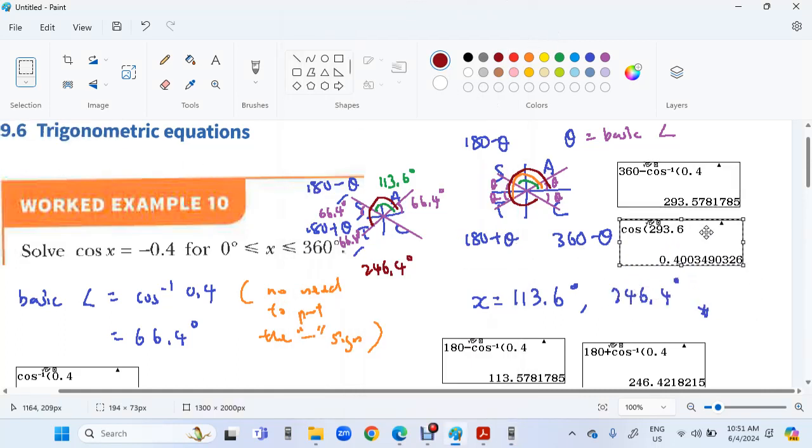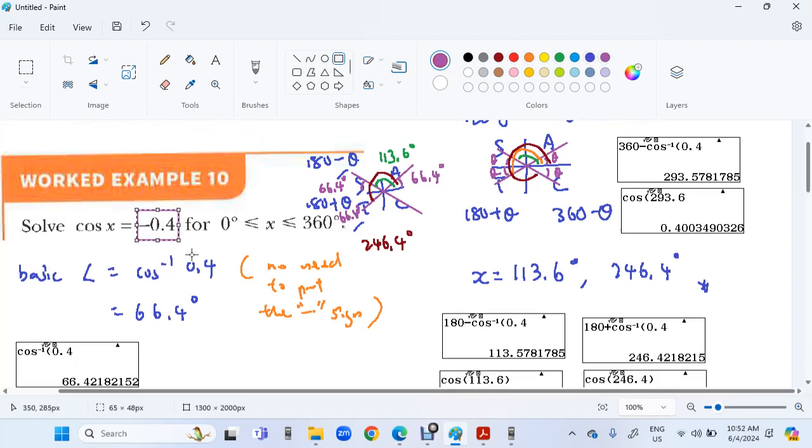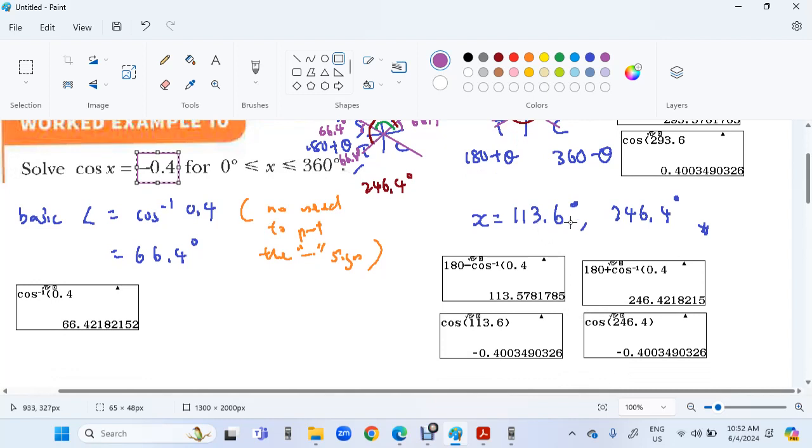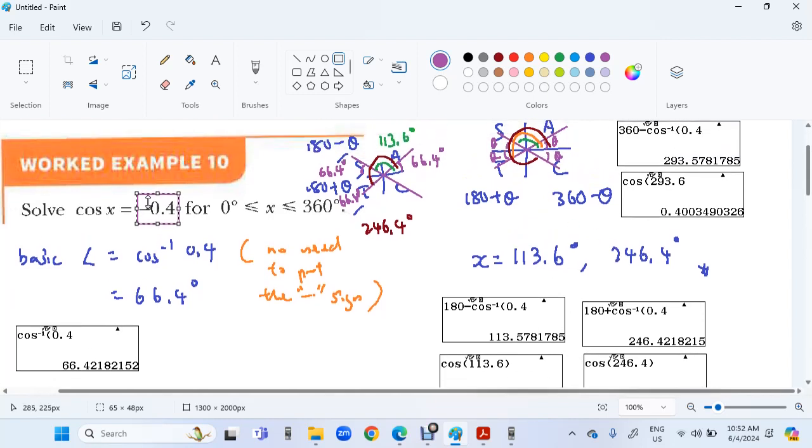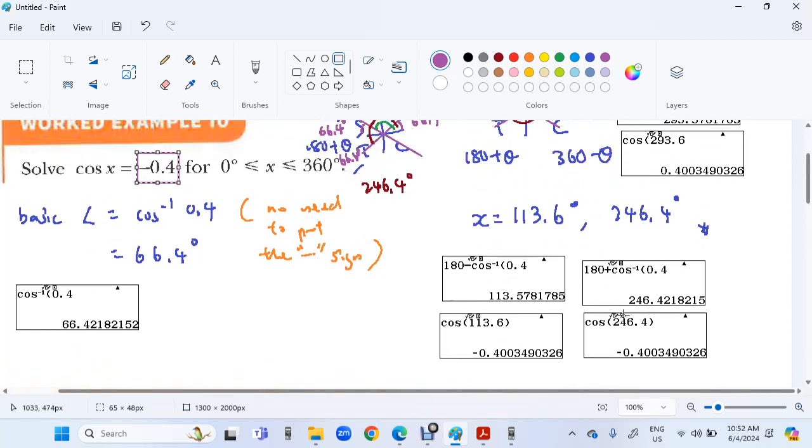But the question here is actually negative 0.4. So you substitute the values 113.6 and 246.4, and it will return negative 0.4.